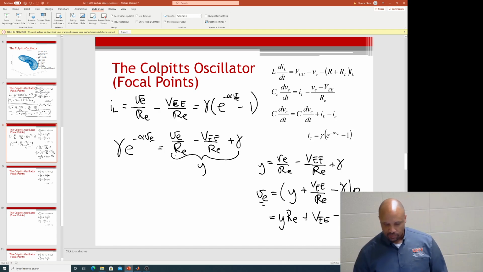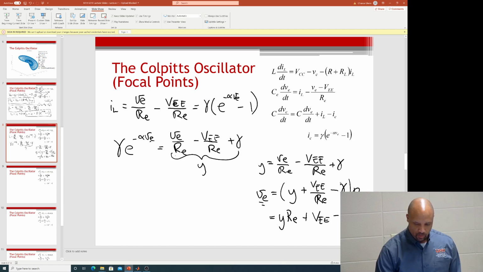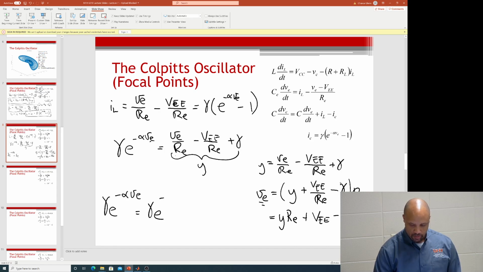So we can say that gamma e to the minus alpha VE is equal to gamma e to the minus alpha times y times RE plus VEE minus gamma RE. Okay?